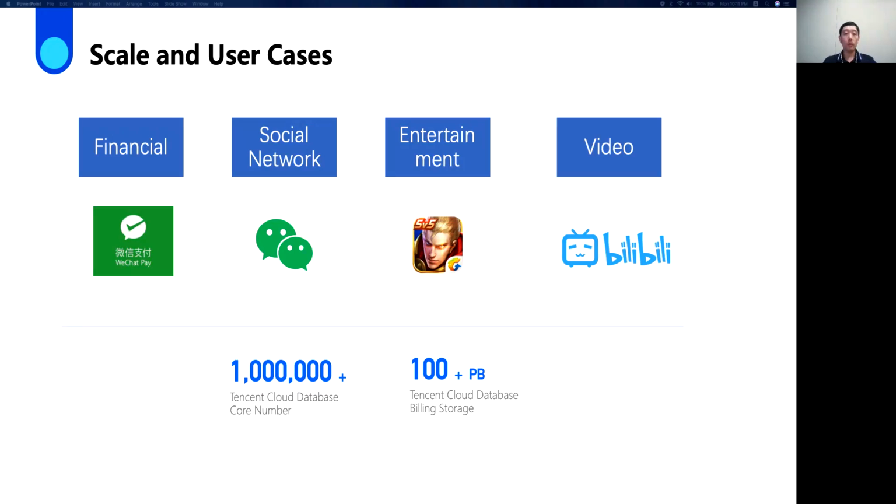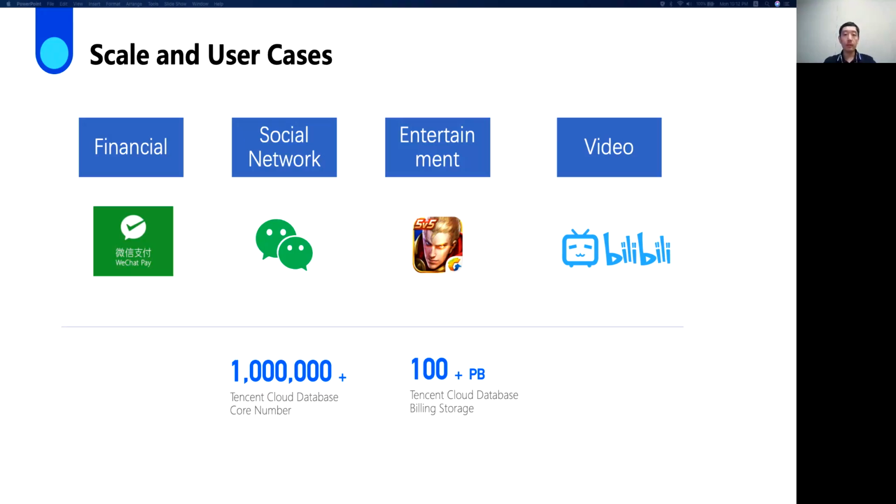Right now, there are over 1 million CPU cores deployed on the Tencent cloud for database instances, with more than 100 petabytes billing storage. We can say that for some internal customers like WeChat Pay, and also the game team for the very popular game.